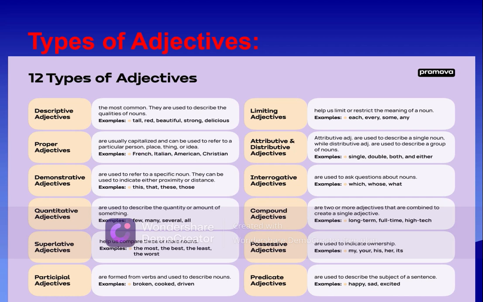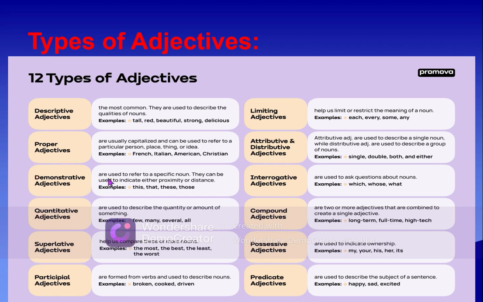French is made from France. France is proper noun, so the French is proper adjective. Italy is proper noun, Italian is proper adjective. America is proper noun and American is proper adjective. Christianity is proper noun and Christian is proper adjective.